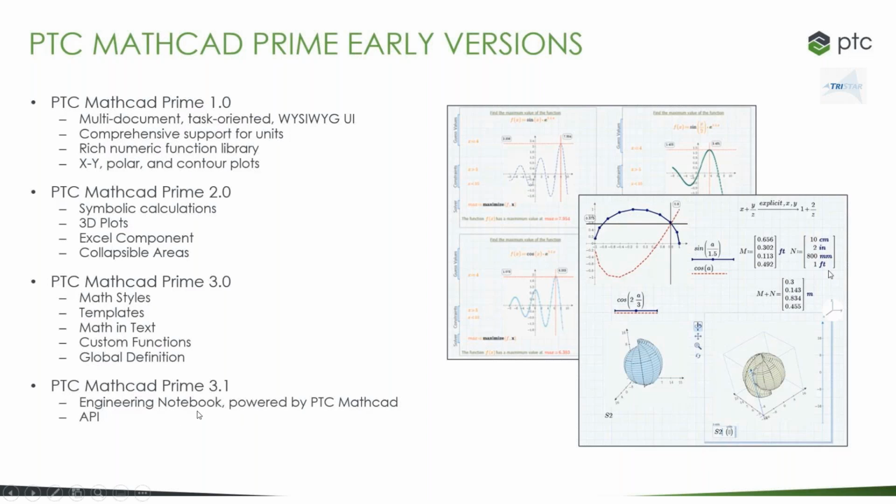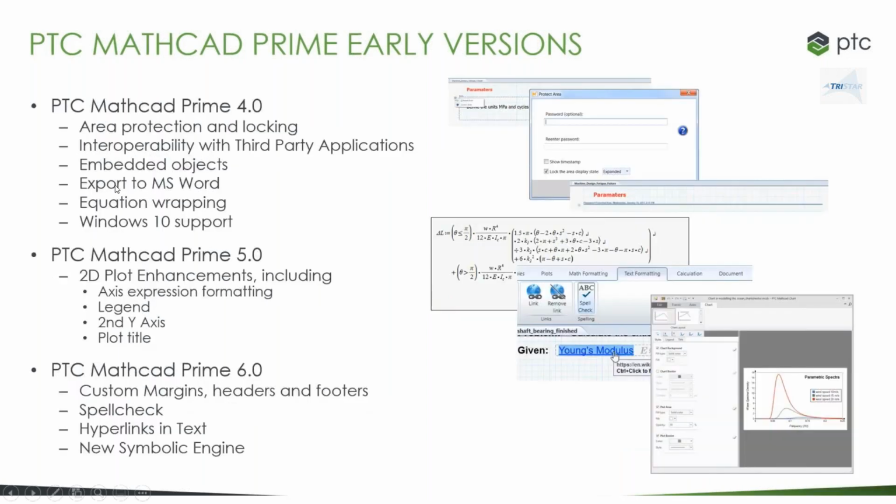The engineering notebook is, for those Creo users on the call, the integration of Mathcad with Creo. It's a pretty neat little tool that you have starting with Mathcad Prime 3.1.